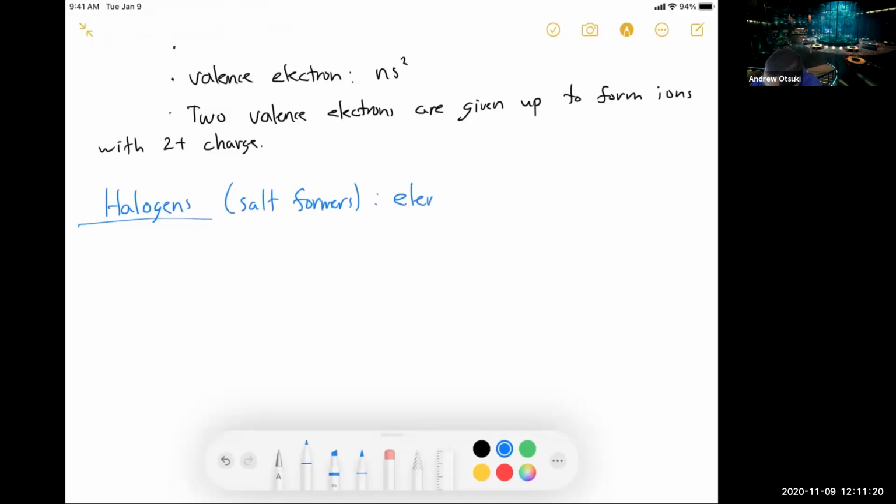They are elements in group 7A or 17 of the periodic table.